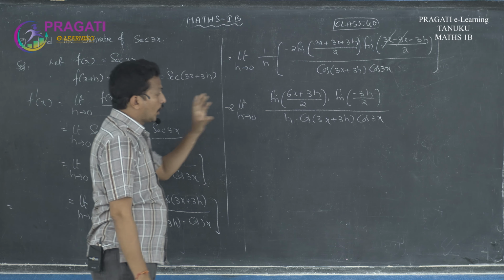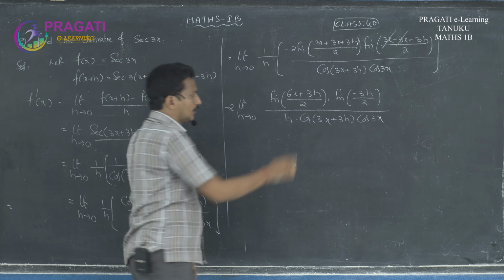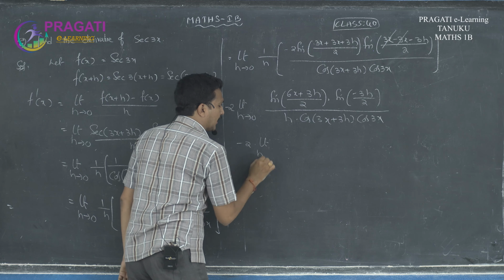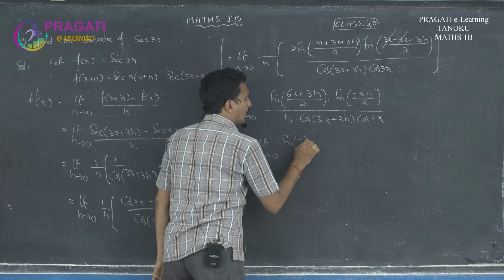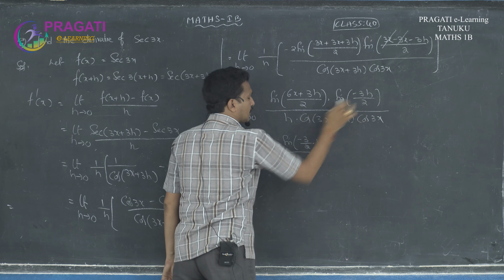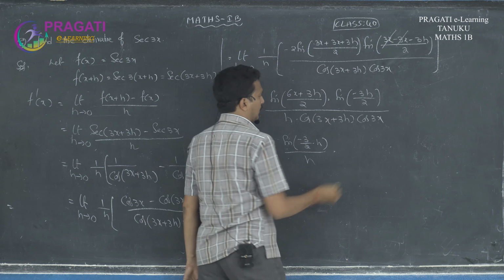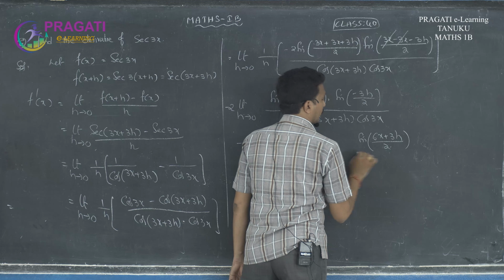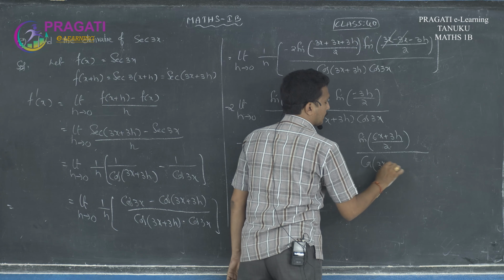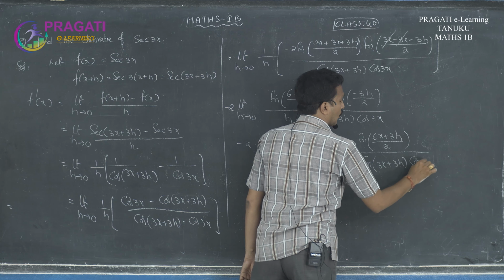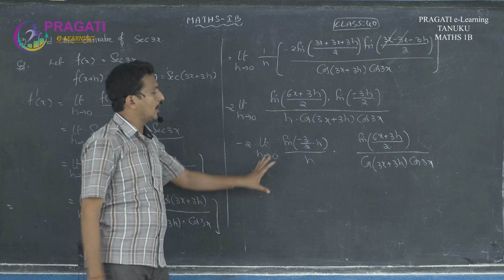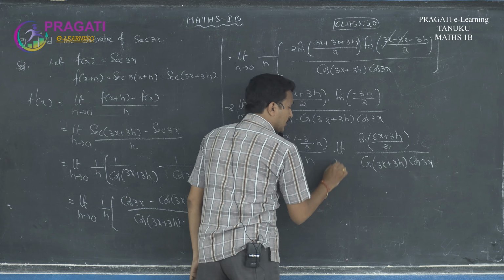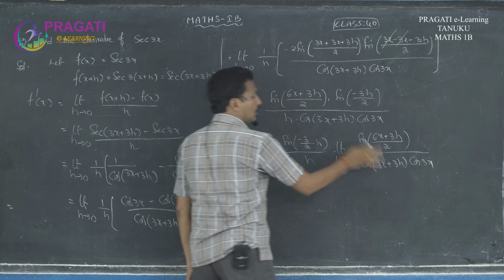Here one part is to convert to the formula sin nx by x, so write it separately: sin of minus 3 by 2 into h is the numerator, and the denominator is h, and the remaining term is sin of 6x plus 3h by 2 by cos of 3x plus 3h into cos 3x. Limit x tends to a, f of x into g of x is equal to limit x tends to a f of x into limit x tends to a g of x.